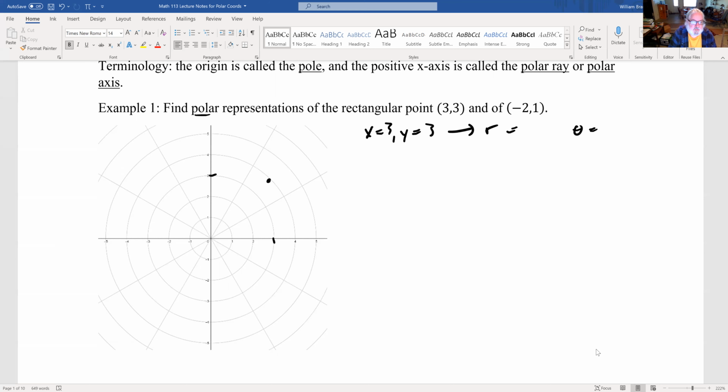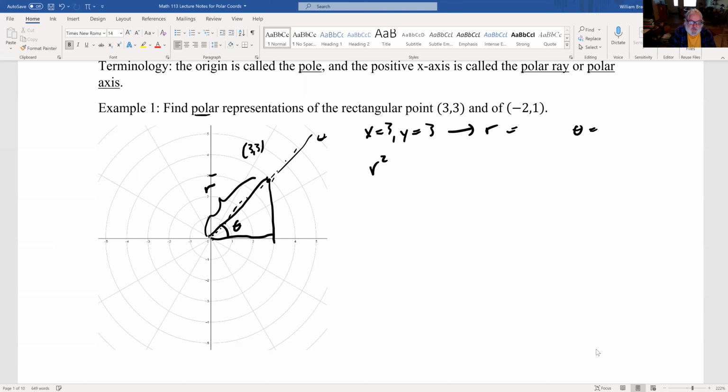So 3,3 is up here. And there's our angle that we need to find. We can just draw this triangle that looks like this. And there's the angle that we need to find, right? That's this axis. And this distance from the origin, that's the r that we need to find.